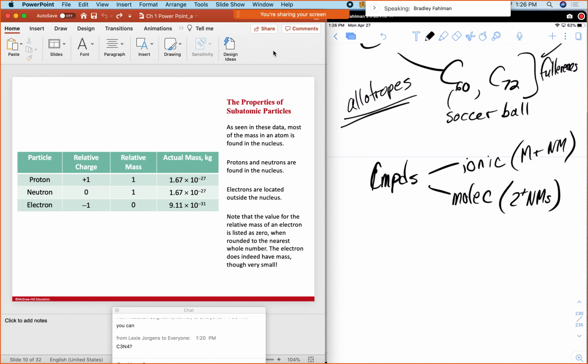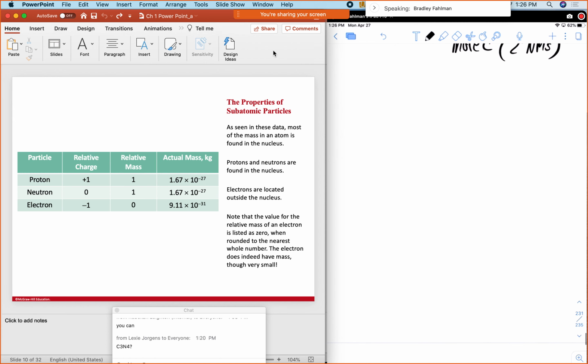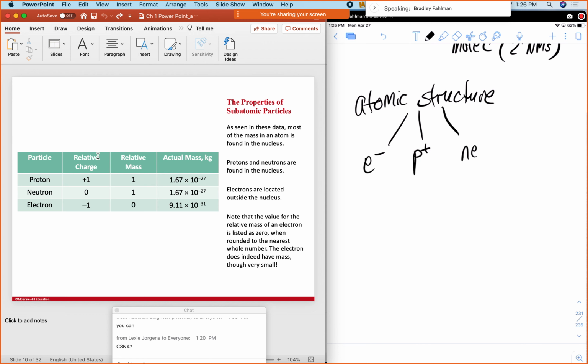Okay, and then we got into the structure of an atom. Atomic structure is important. Not really knowing these values at all, or even relative mass, the charges are the most important things. So knowing electrons, protons, and neutrons, and what their relative charges are is important.